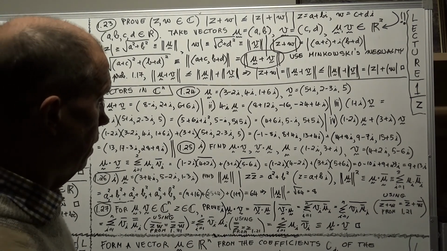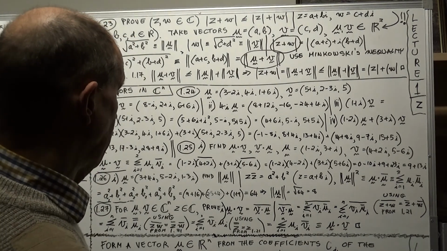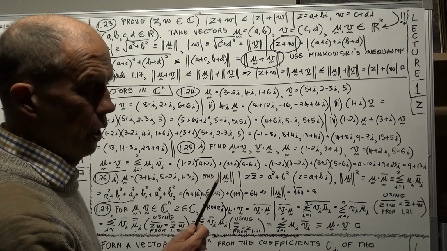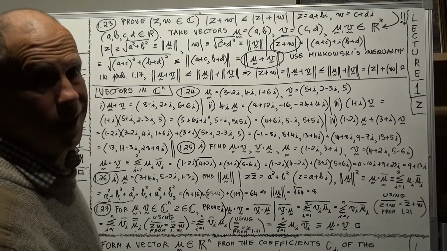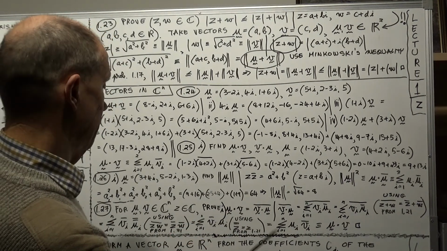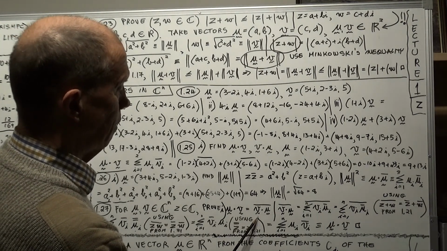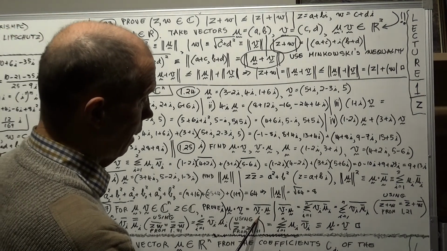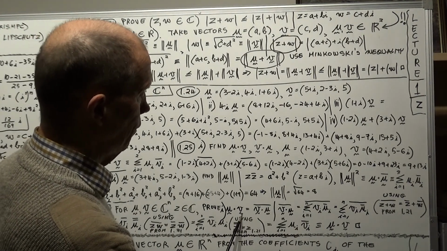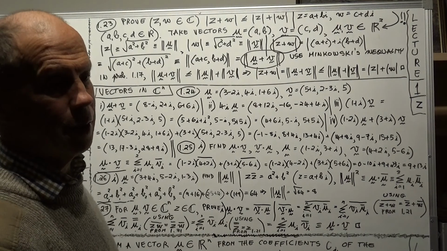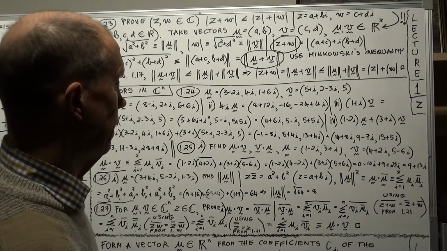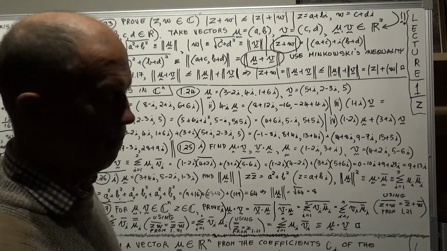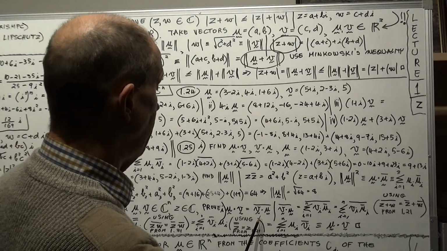Now to prove the left-hand side equals the right-hand side, you can do that in 2 ways. You can start with the left-hand side and prove the right-hand side, or you can start with the right-hand side and prove the left-hand side. It's just the same. Now in the text, Lipschutz starts with the right-hand side.